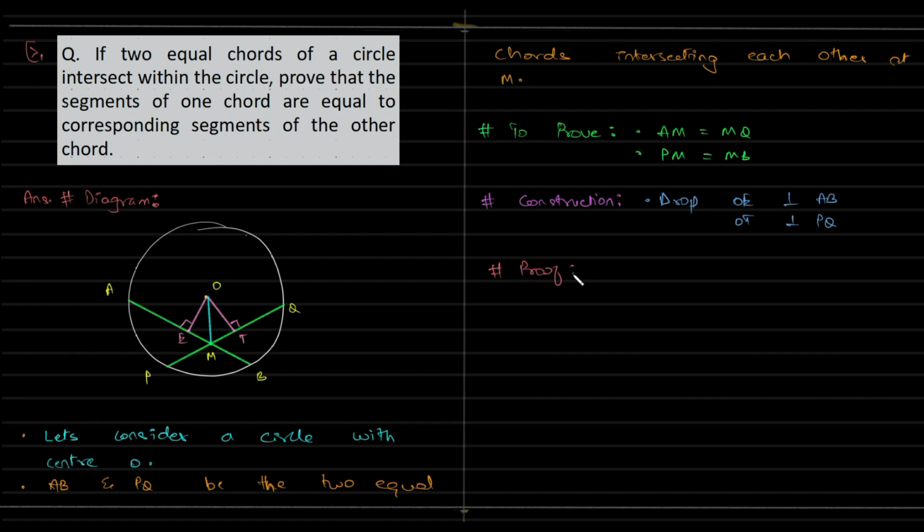Now the proof. Consider triangles OEM and OTM. So please think over how we can prove that these two are congruent. Obviously, if I take two triangles, it has to do with congruency only. To begin with, OM is common, right?